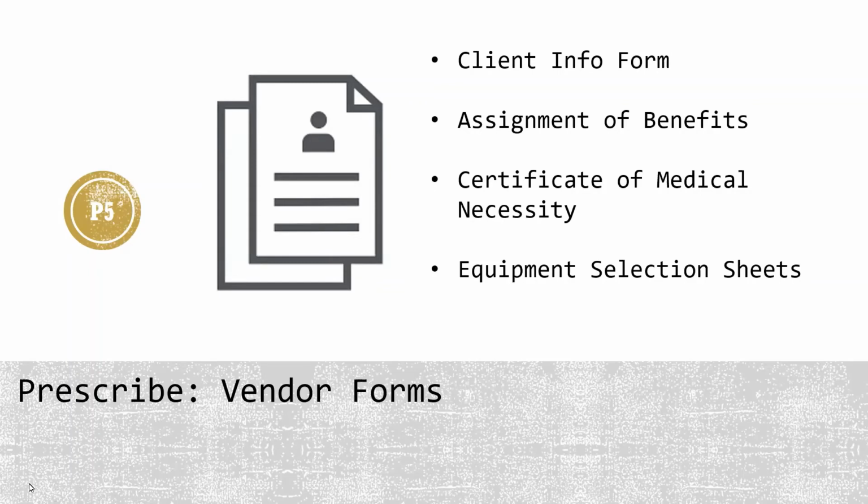There's usually a client information form, an assignment of benefits form, some HIPAA forms, and equipment selection sheets that you're going to need to fill out that are specific to the recommended device. And of course, your certificate of medical necessity, which is your prescription from the referring provider, the physician, to ensure that they are okay with that recommendation and understand why it's being recommended and why the system is a medical necessity for the client.